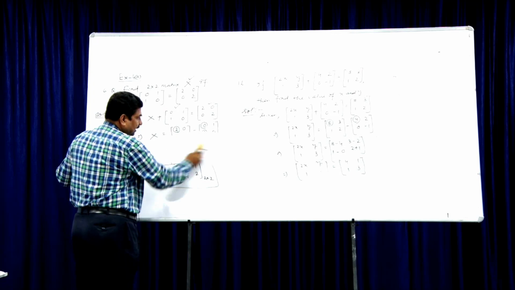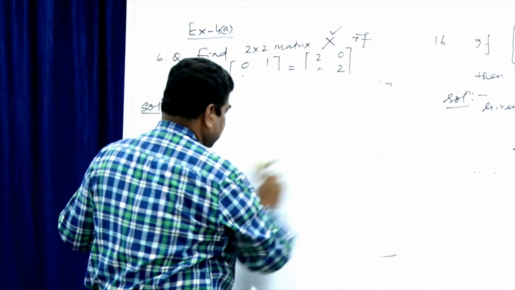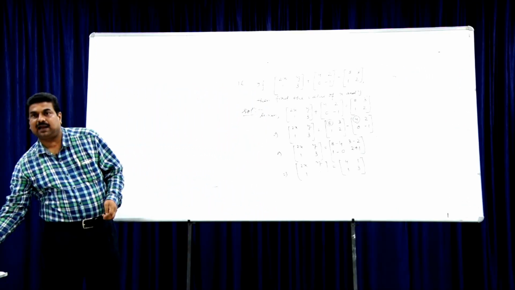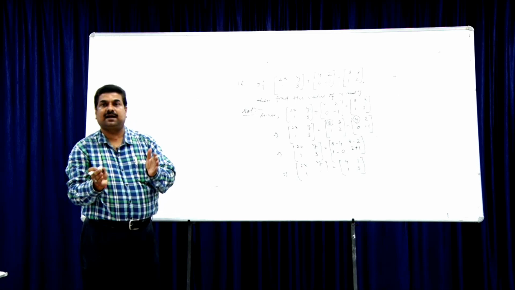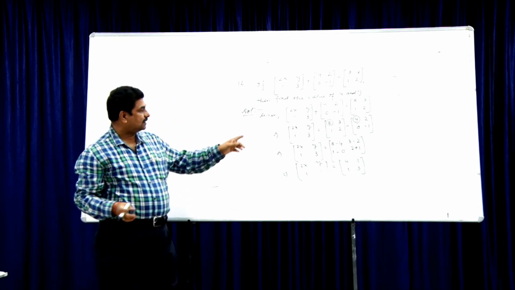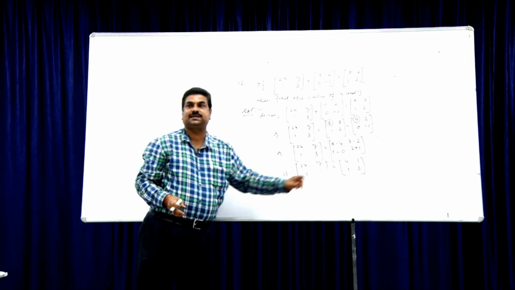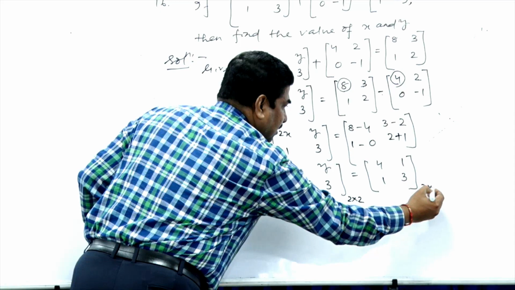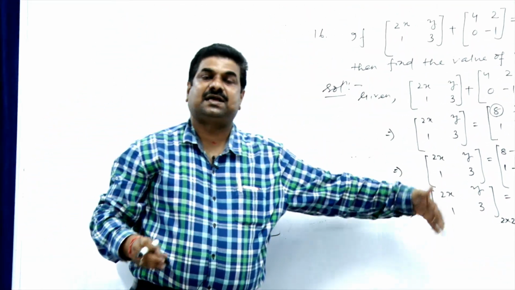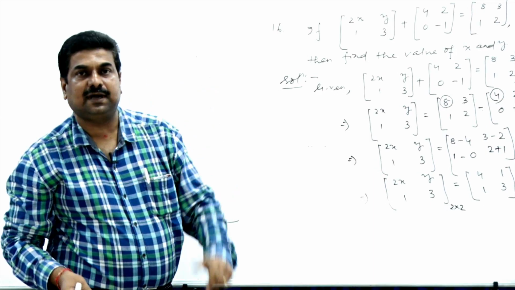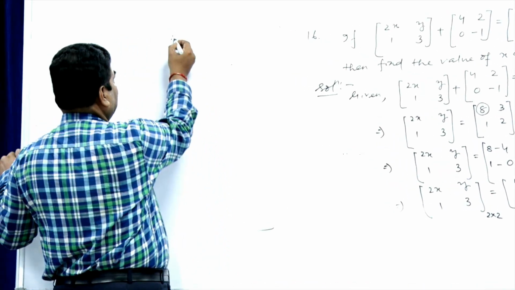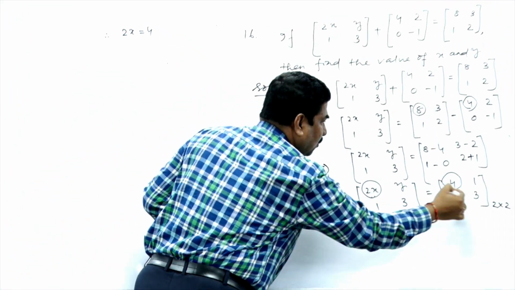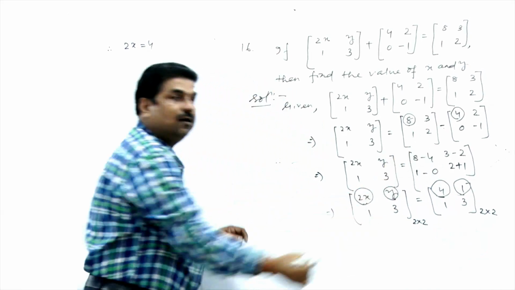Here these two matrices are equal. If two matrices are equal, then they are of the same order and the corresponding elements are equal. Both are of order 2 by 2, so the corresponding elements are equal. Therefore 2x is equal to 4 and y is equal to 1.